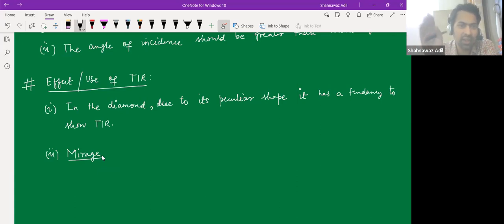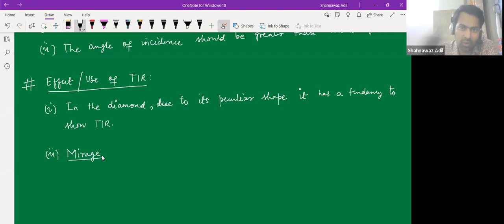That happens due to the change in refractive index of the air. Whenever you have a hot condition, the space very close to the ground is hot, and the space above the ground, at some height, is cold.